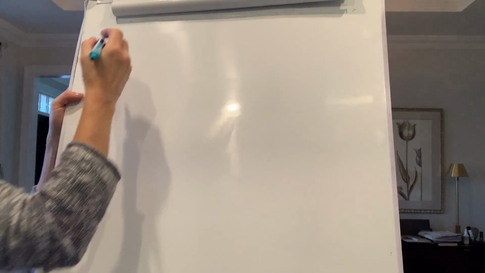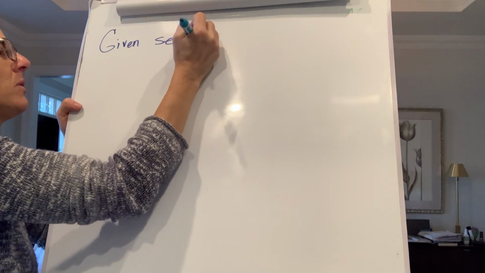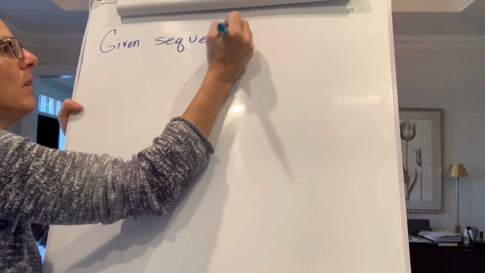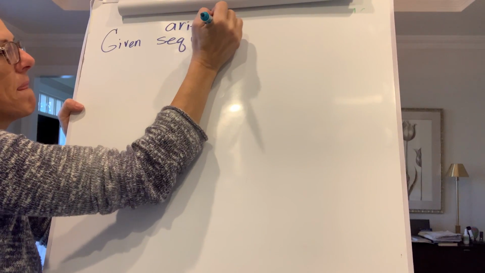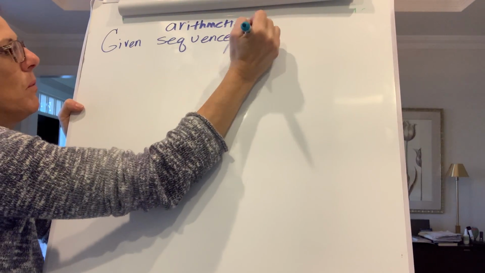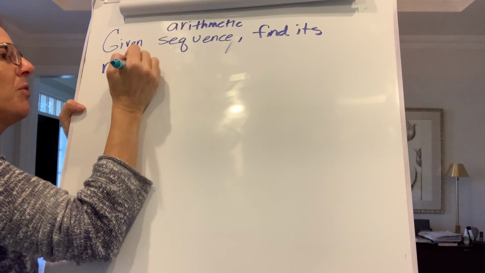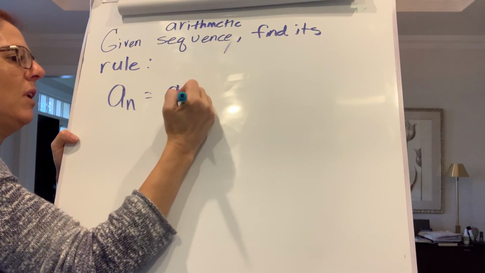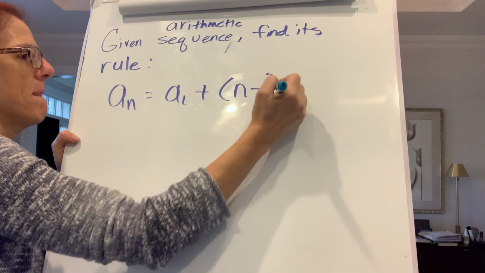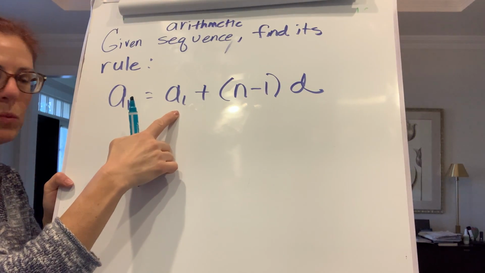All right, so if I'm given an arithmetic sequence, to find its rule, it's always going to look like this. We did this yesterday.